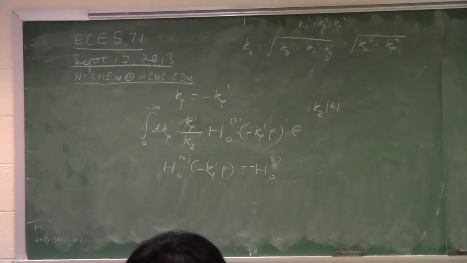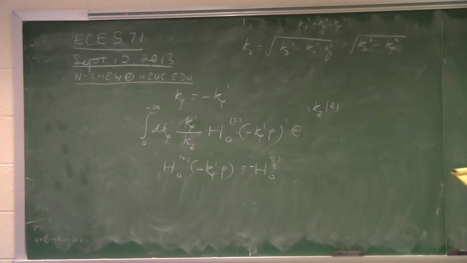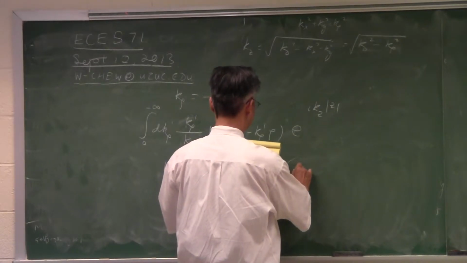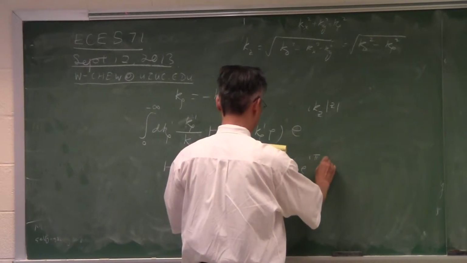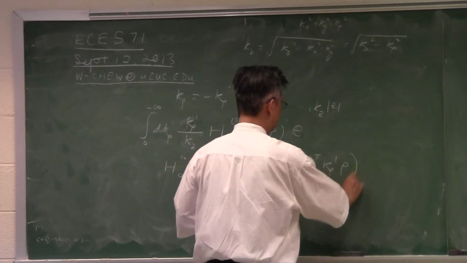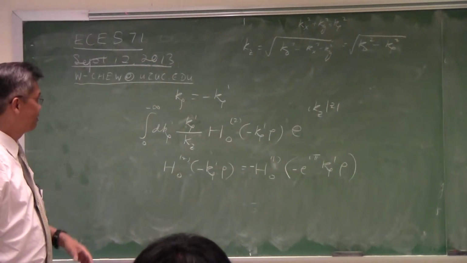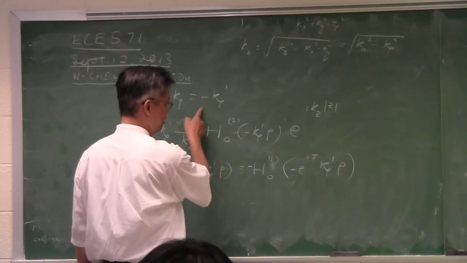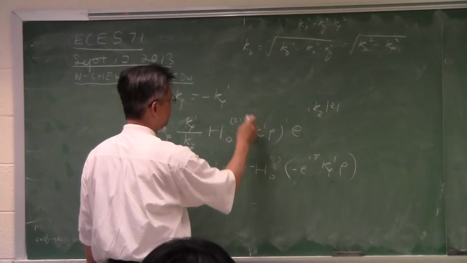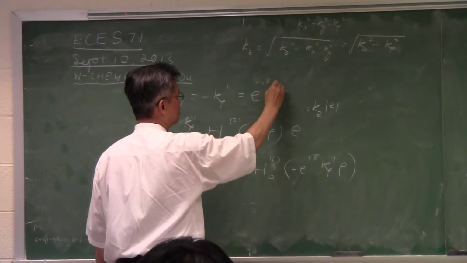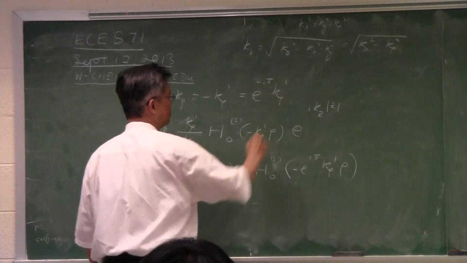If I take this identity from Abramowitz and Stegun, okay, and then with a minus e to the i pi k rho prime rho. So if I pick this minus sign in a peculiar way, so that this minus sign is e to the minus i pi.